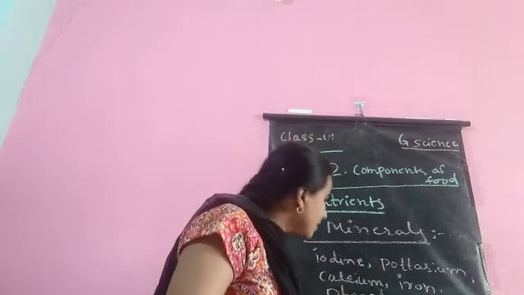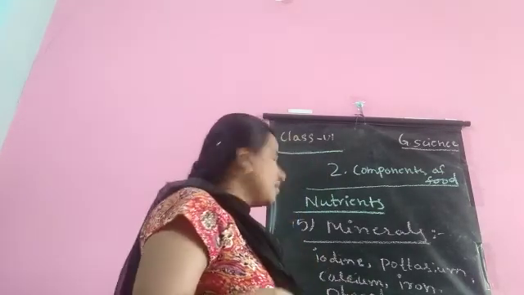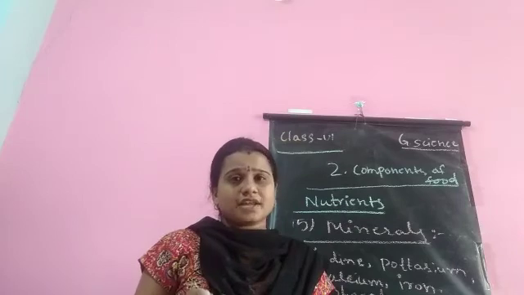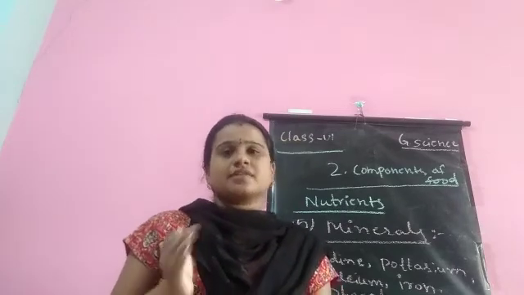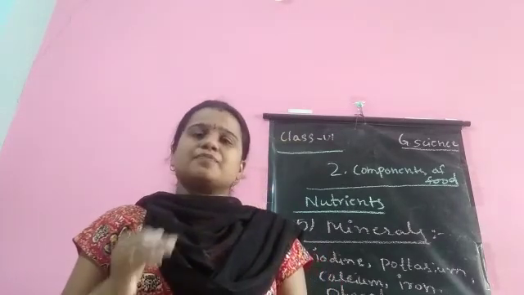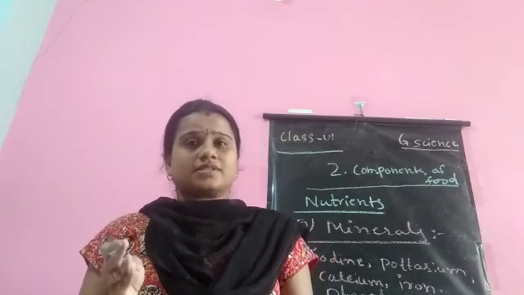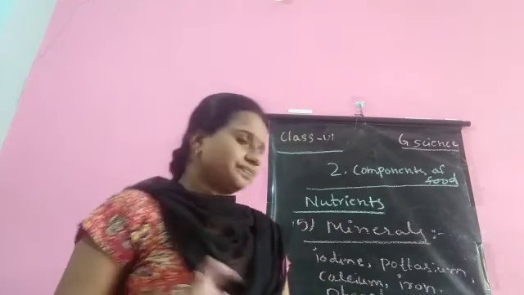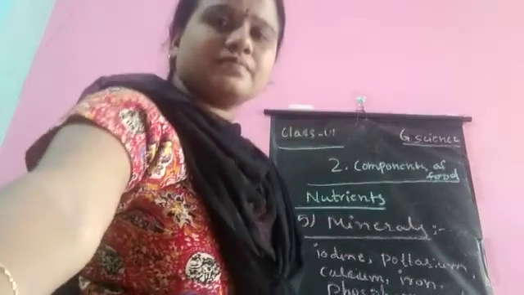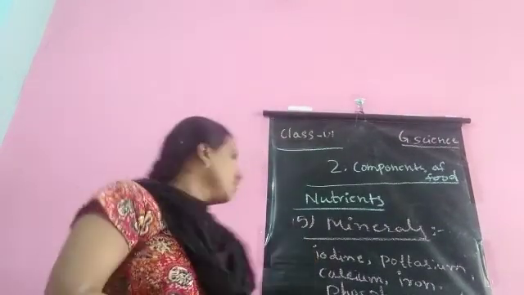Next, iodine. Iodine is essential for the thyroid gland. Important sources of iodine are seafood, iodized salt, etc.